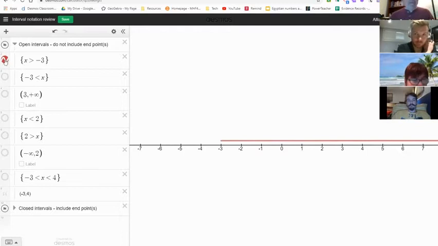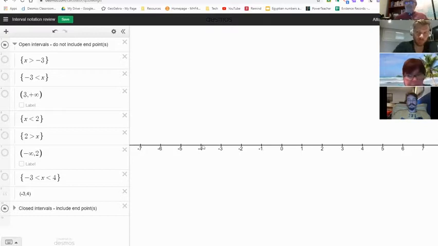Now, we also have intervals that are smaller. An interval like you see in the next example, the way I would read it is this: any number between -3 and 4. So I could be at 0, and that's in the interval.